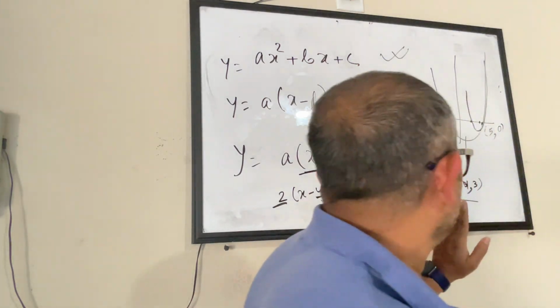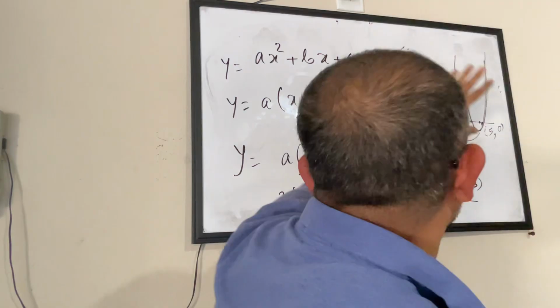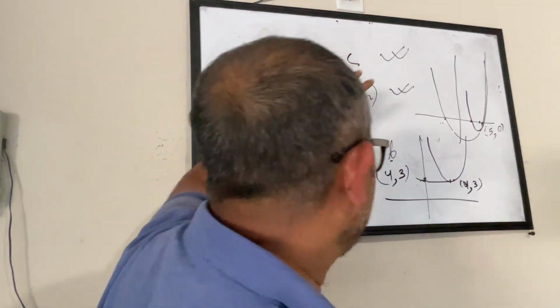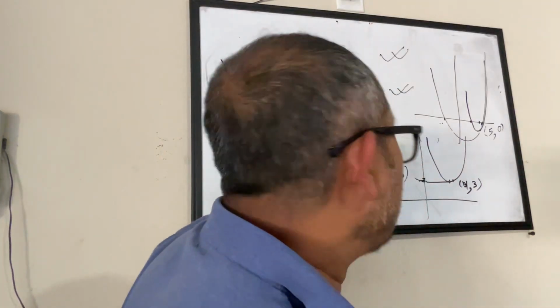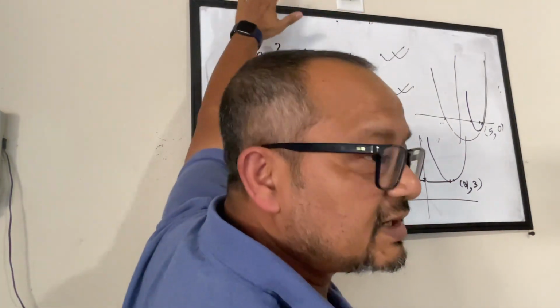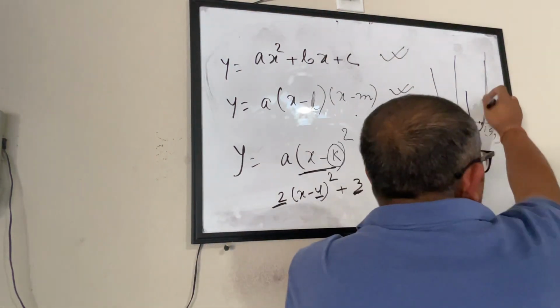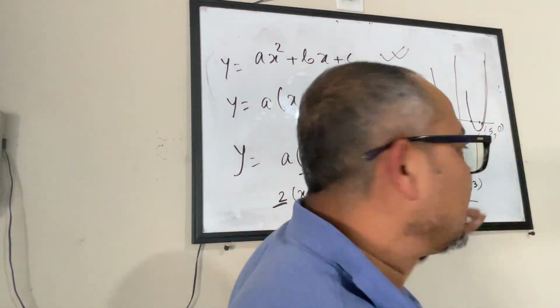Alright. So now if you look at the 3 equations: the standard form, the factor form, and the vertex form. Standard form is the standard quadratic equation, which you can solve to find where it meets the x-axis, and the x and y coordinates of the vertex.